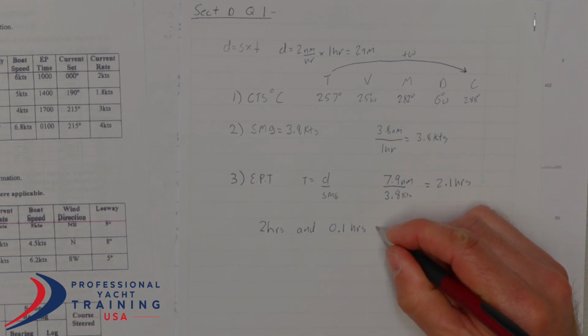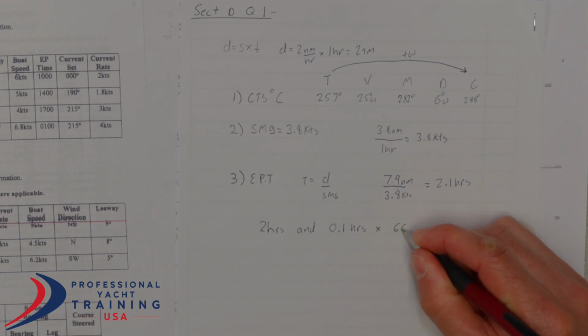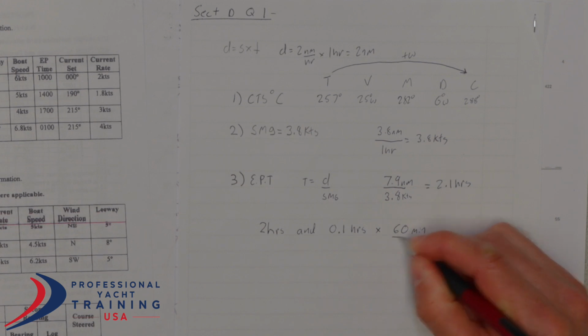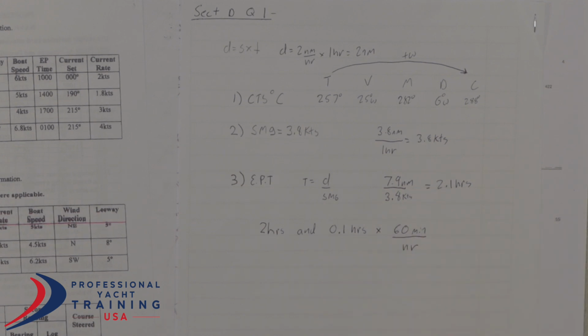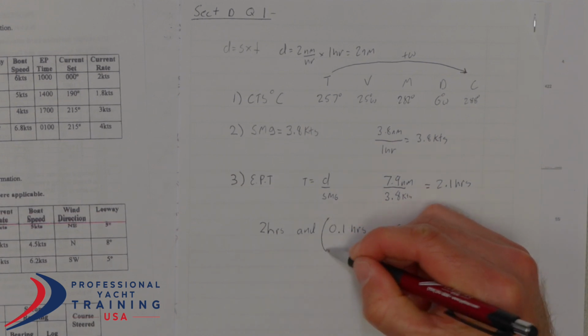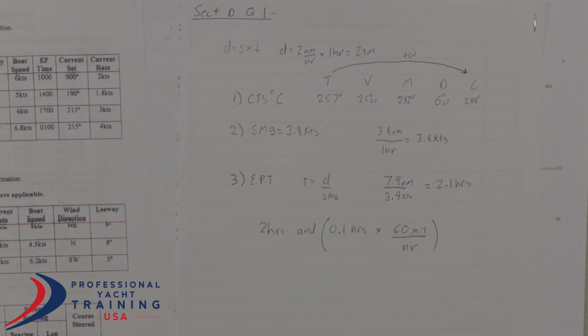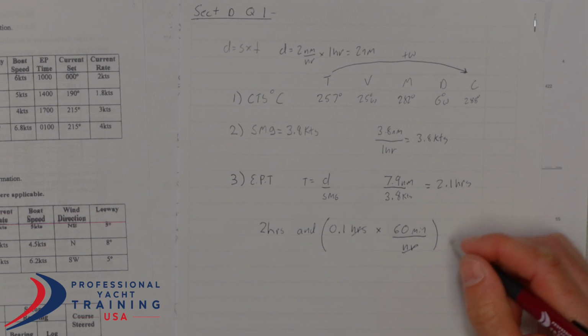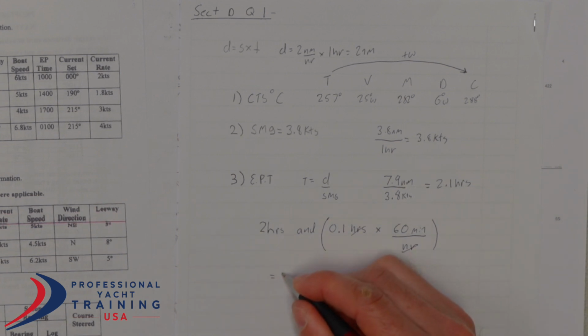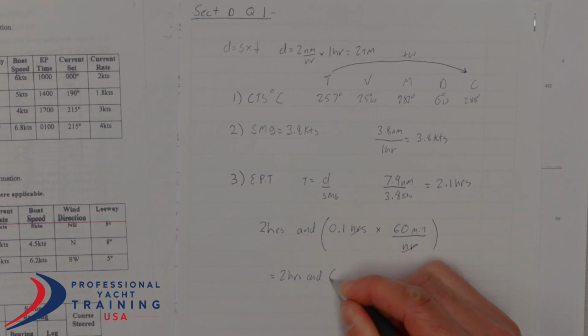And if I remember that there are 60 minutes per hour, if I just multiply that 0.1 times 60, those hours cancel out, and I should find that this is the same thing as 2 hours and 6 minutes as a final answer.